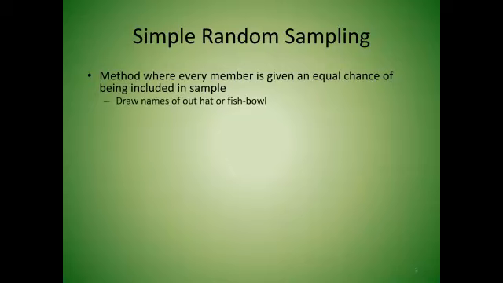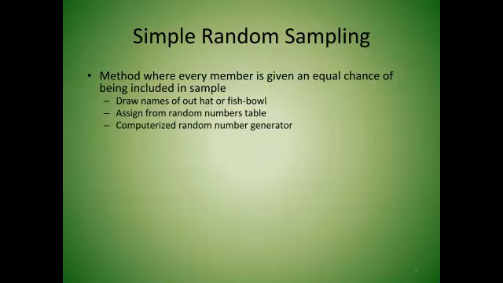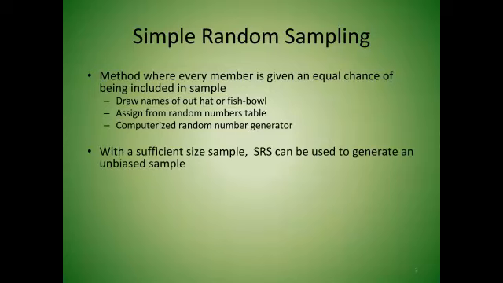The easiest way to think of this is by simply putting names in a hat, mixing them up, and then drawing out a certain amount of names. But this can also be done by putting lists of names into a random number generator in a computer and letting the computer randomly select however many names you want. And with sufficient sample size, a simple random sample, or SRS, can be used to generate an unbiased sample.